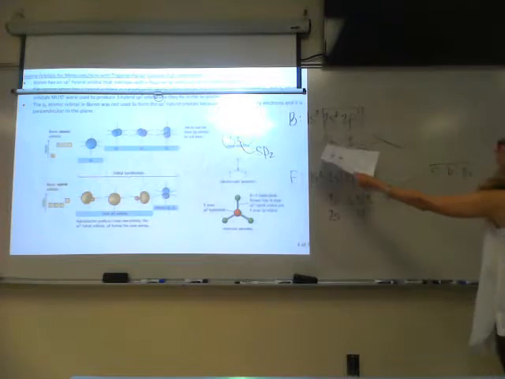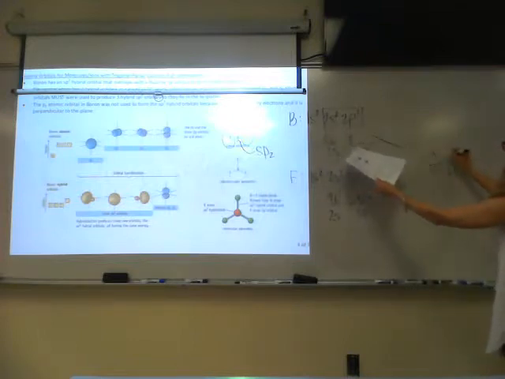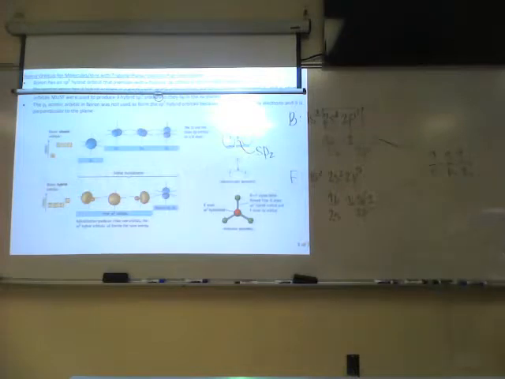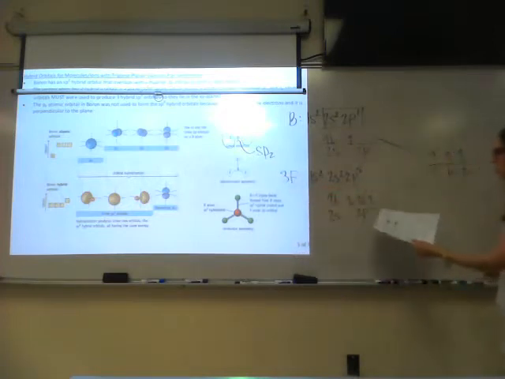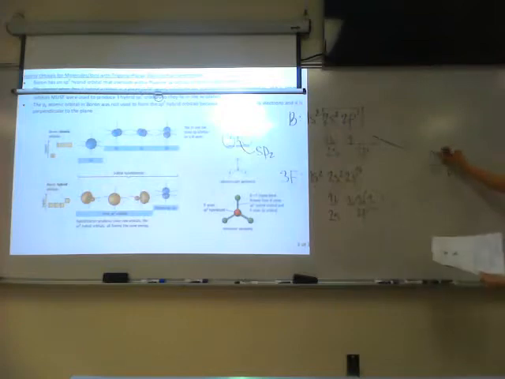I'm going to take the 3 here, 1, 2, 3, okay? And then I have 3 fluorines. So I take this one from each fluorine, and it overlaps with each one, creating my 3 sigma bonds. And I don't have any lone pairs.